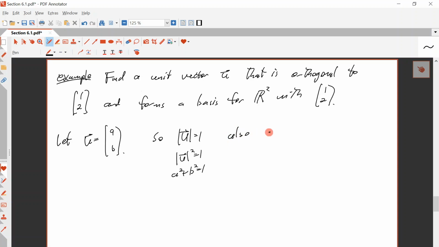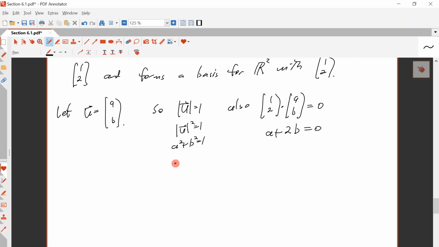Also, (1, 2) dot (a, b) is equal to 0, so a plus 2b is 0.